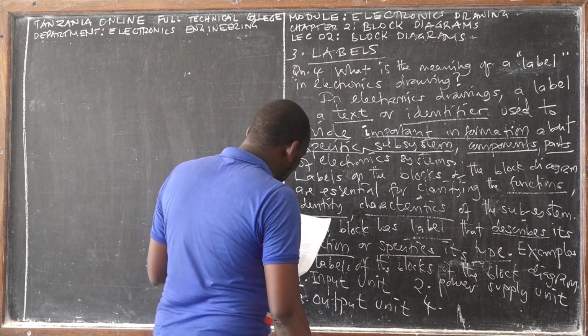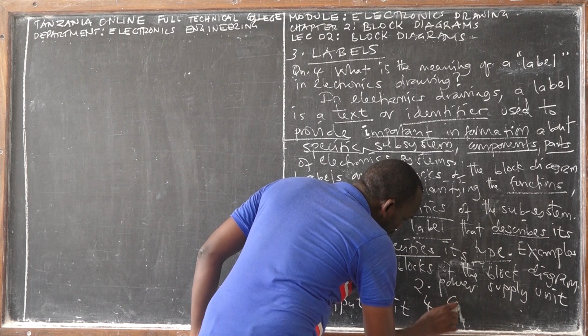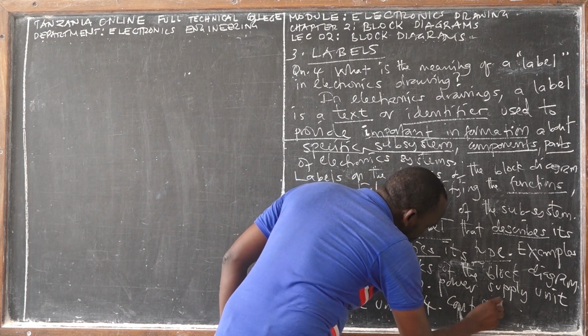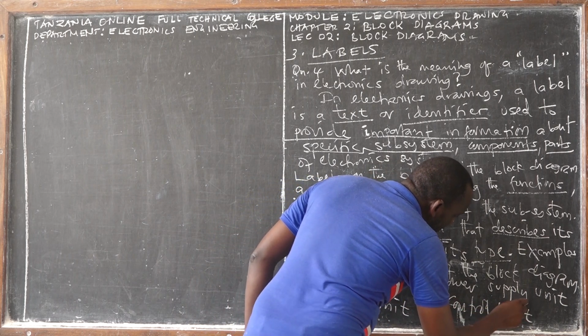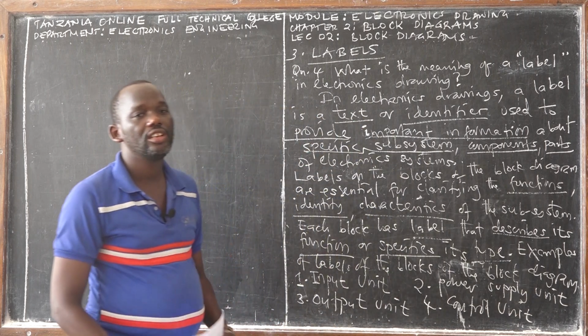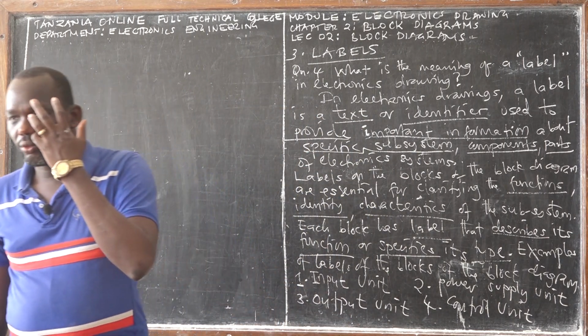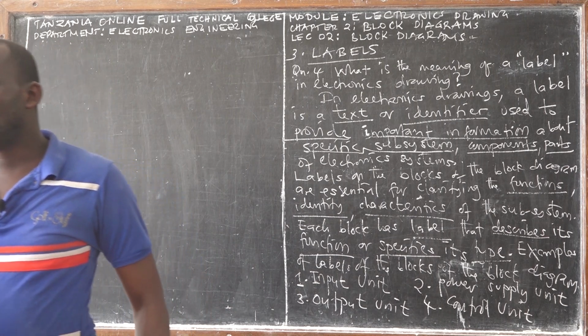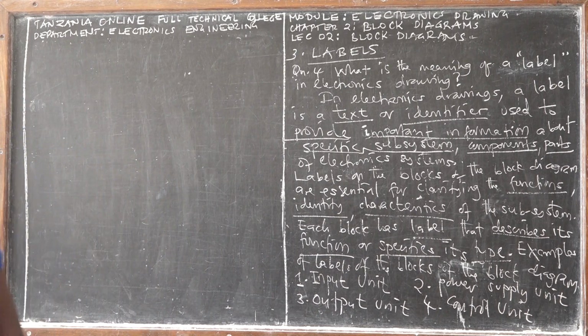Number 4 is called the control unit. Say control unit. So, what's your name? Justice. So when you hear a label that's called control unit, what information do you get?